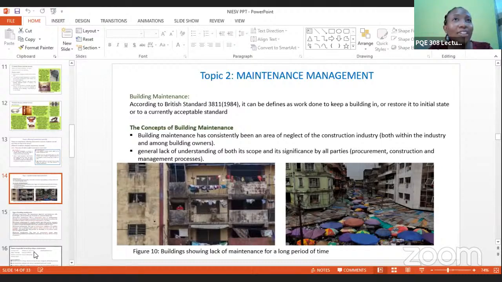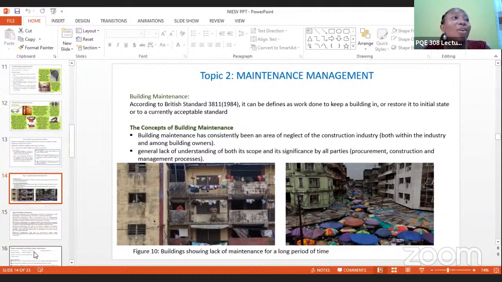However, there's no way you can have your building or your structures and you shouldn't talk about maintenance, and probably that is why we are talking about this maintenance management. So what do we understand by maintenance? Maintenance can be defined as work done to keep a building in or restore it to a currently acceptable standard.